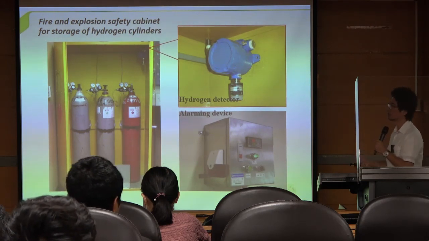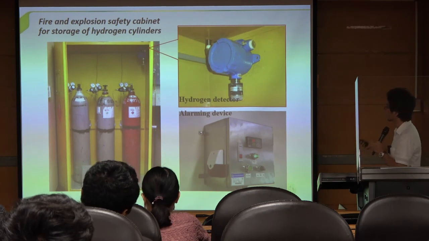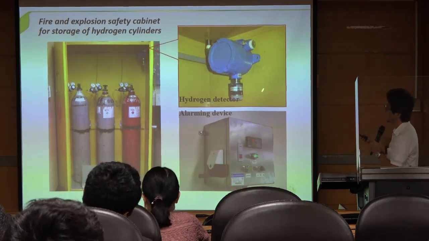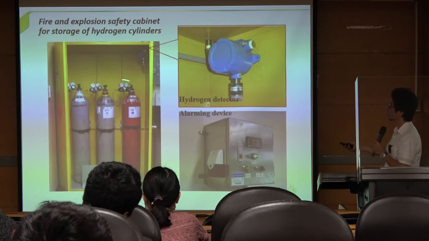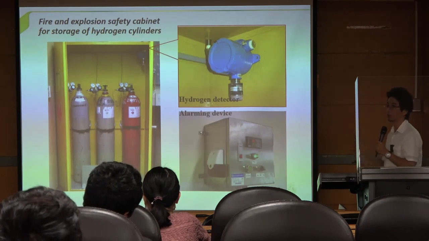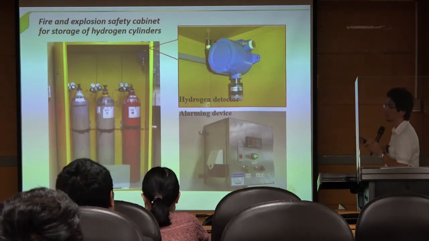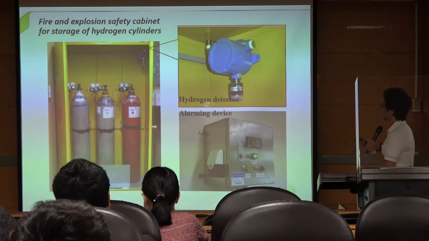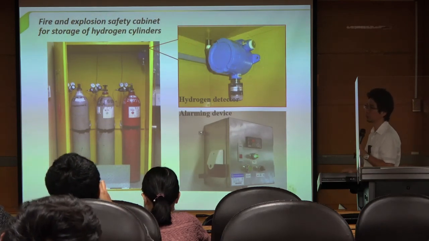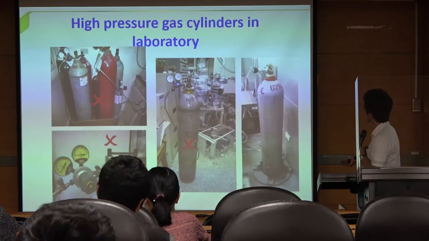So some laboratories that commonly use hydrogen will have a detector near the cylinder or in the laboratory to monitor the concentration all the time. It needs to be below 3%. Okay.